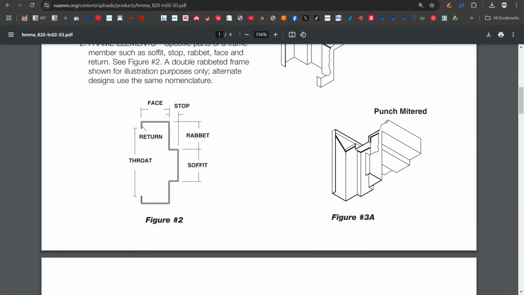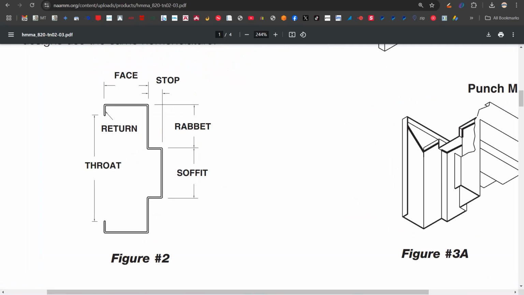But it also gives you the definition of what the constituent parts of a jamb or a head or a sill would be called. And these definitions are really important. It's missing one definition in the sense of what a frame can be, but in context of this document, continuously welded, you would not have the missing component, the backbend return. So these terms are really important to know.